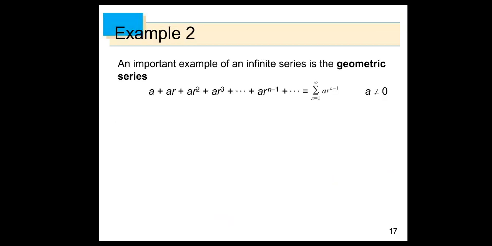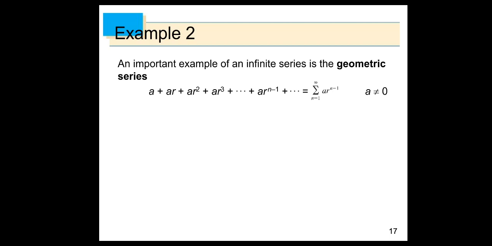Okay, so here we have an example. An important example of an infinite series is the geometric series. When we take the geometric series example, we have an equation in this form: a plus ar plus ar squared plus ar cubed up to ar raised to the power n minus 1 plus up to infinity. And then we will write it down in the form of sigma ar to the power n minus 1, where n is equal to 1 and goes to infinity.